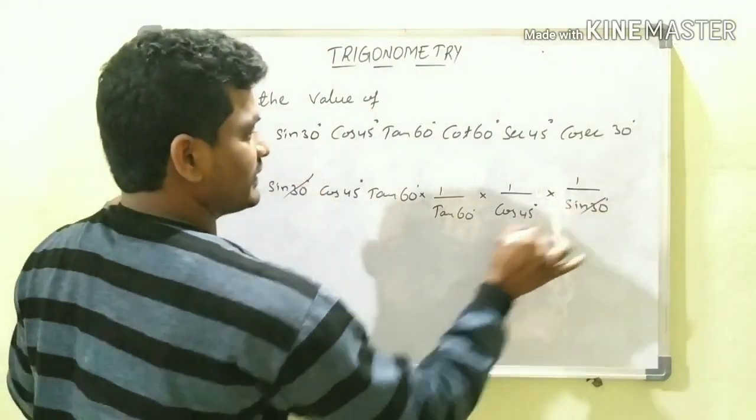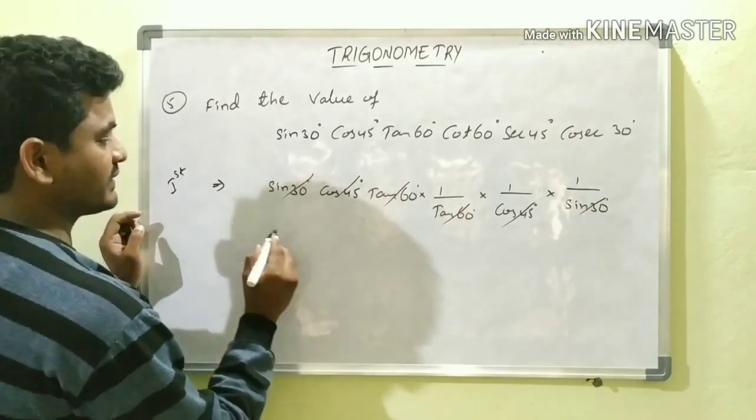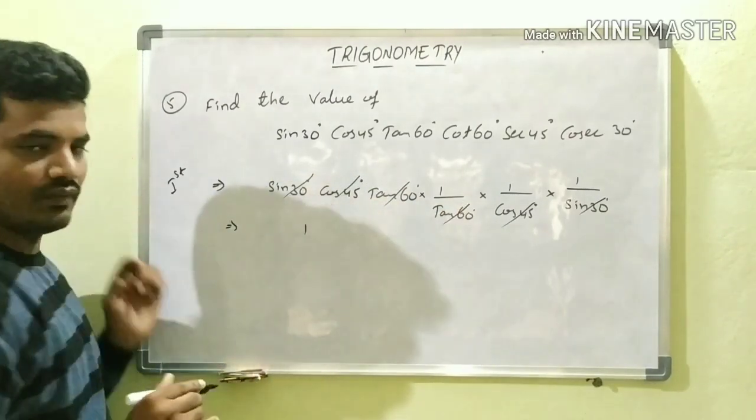Here sin 30, cos 45, tan 60 get cancelled. Now it equals 1.